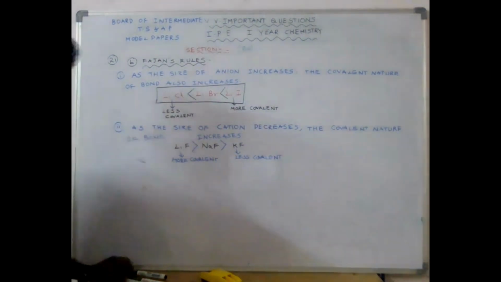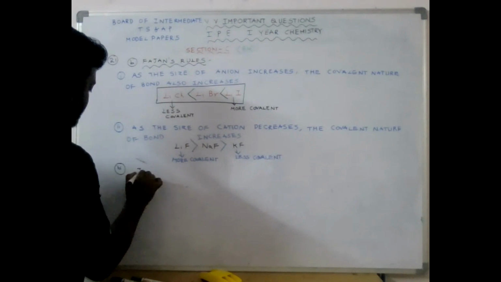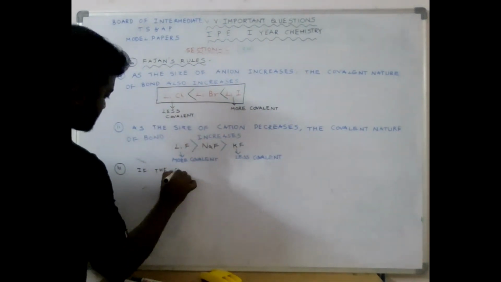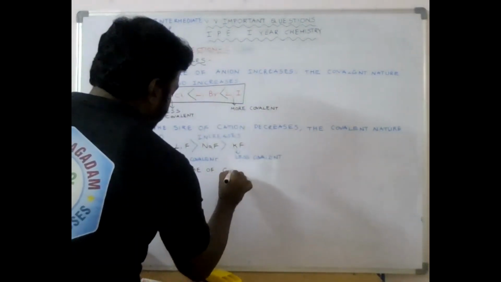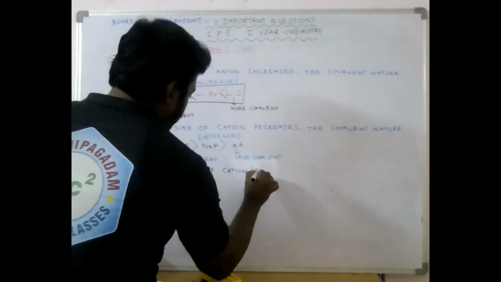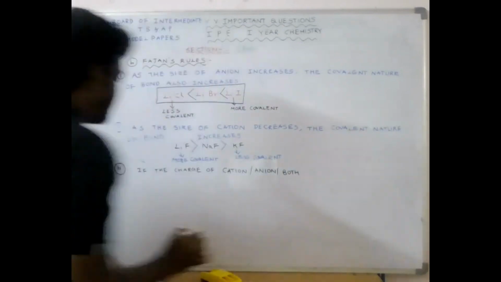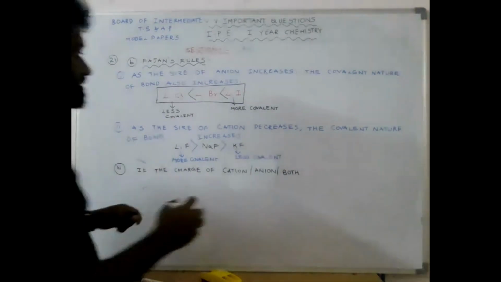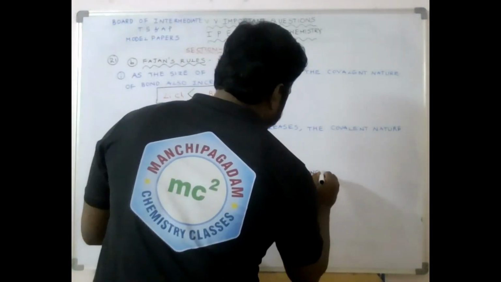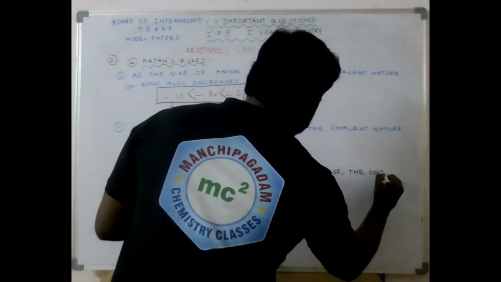Next, the third rule. If the charge of the cation or anion or both increases, then the covalent nature also increases.